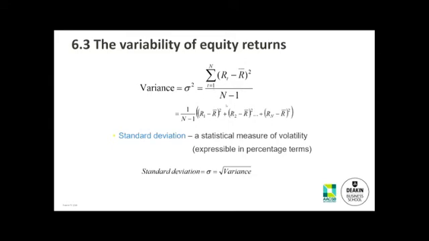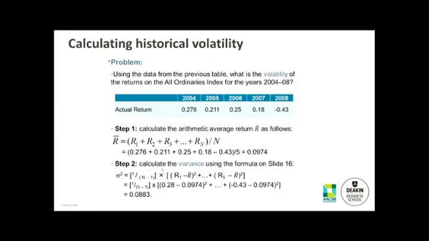You then divide by n minus 1. How many returns? N minus 1 will be 4. So you divide by 4. And finally, you will have your variance, represented by sigma squared. If you don't want to remember the name, you can just call it variance. But mathematically, it's represented as sigma squared. And this variance is equal to 8.83%.